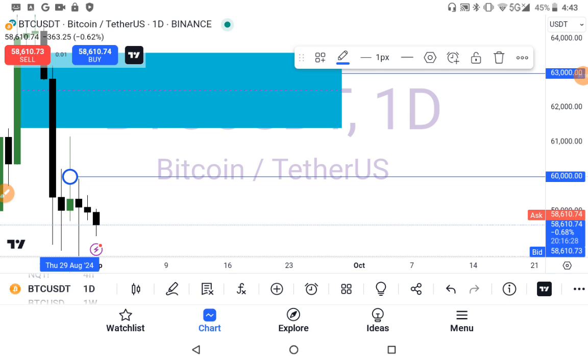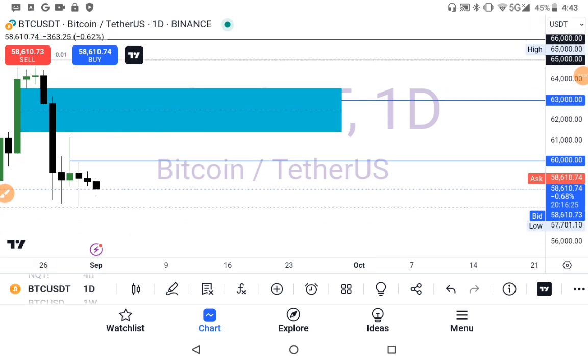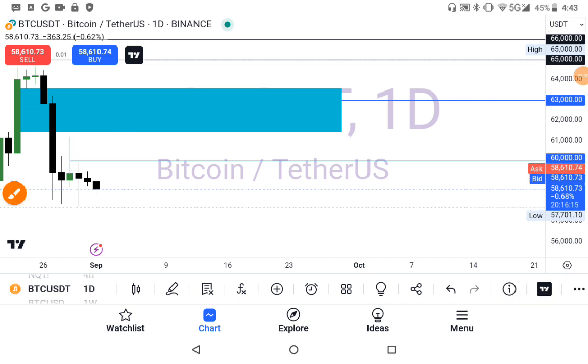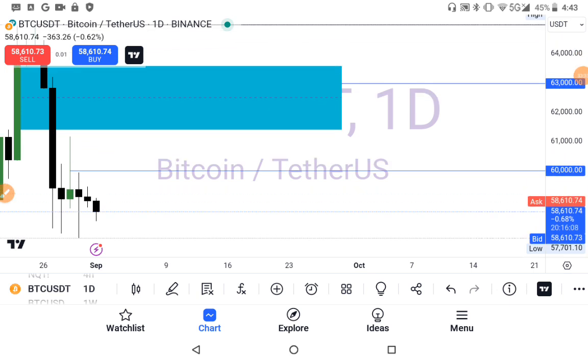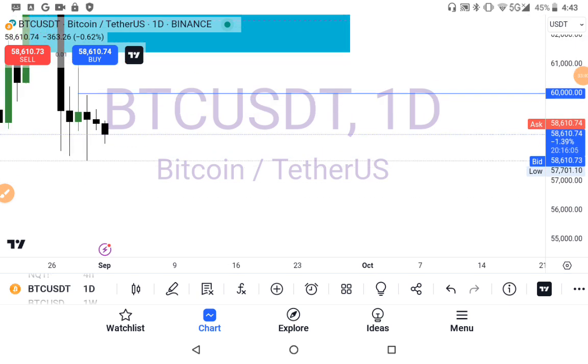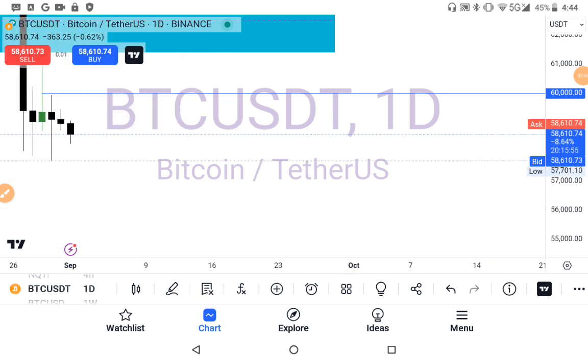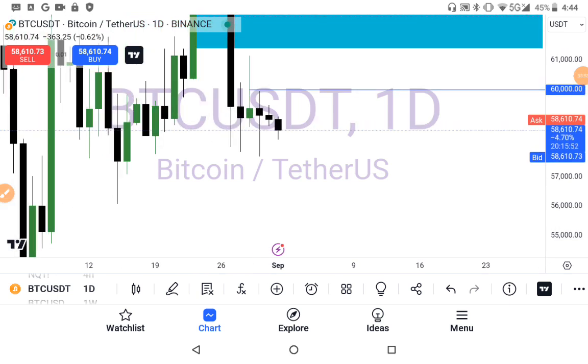You can see 60,000 is the consequent encroachment of this week here. So if we could find a resistance around that area, oh boy, we will be gravitating into 56,000. Then possibly take out that low. So I'm interested in 57,000, 56,000, then that low.